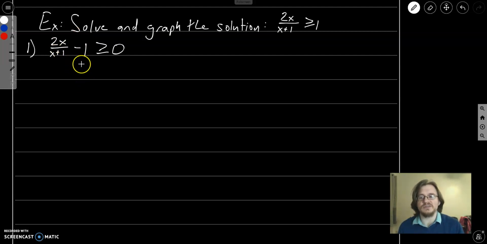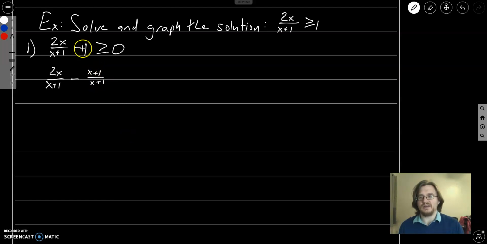So what I want to do is turn this into a polynomial divided by a polynomial by combining these terms. Now, I can't just subtract 1 from this. I need to rewrite 1 as a fraction with a common denominator. Well, 1 is a nice number to do this with, because 1 is the same thing as something divided by itself.